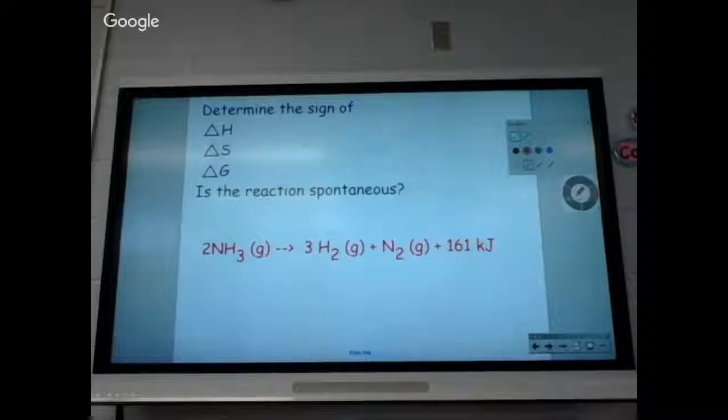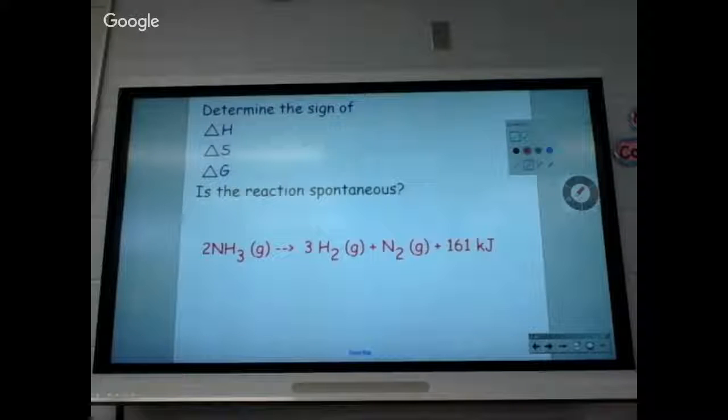All right, so when you look at the equation, what do you notice first is different about this one and the last two? The product on the left. The products are on the left side. There's how many? They're all gases, so how many in terms of moles? Two.